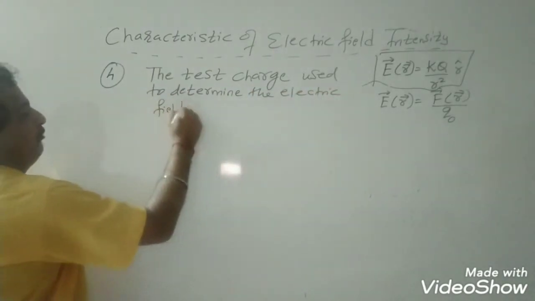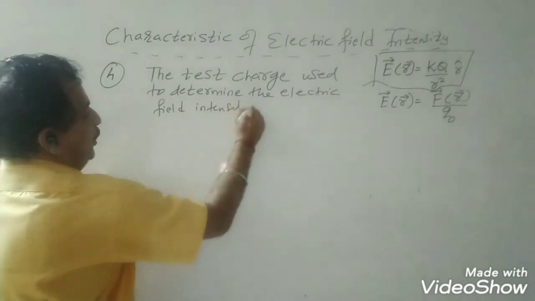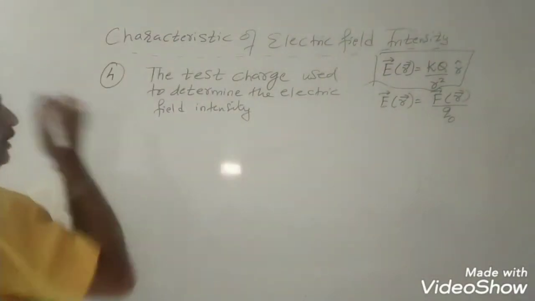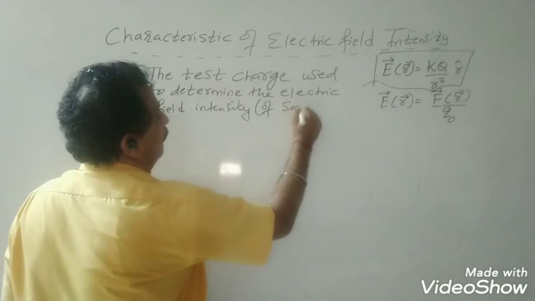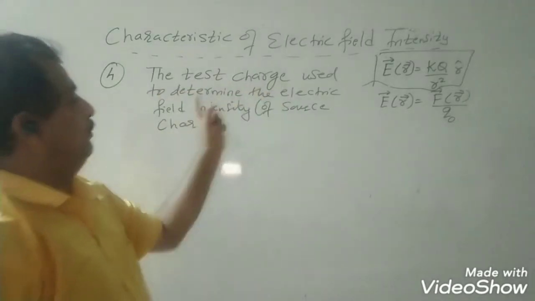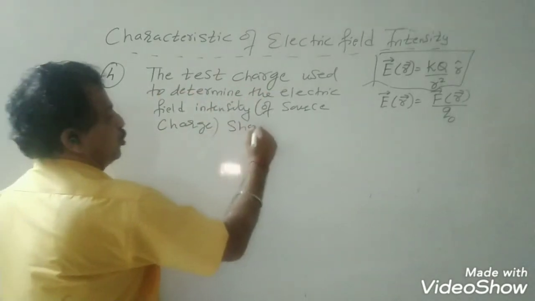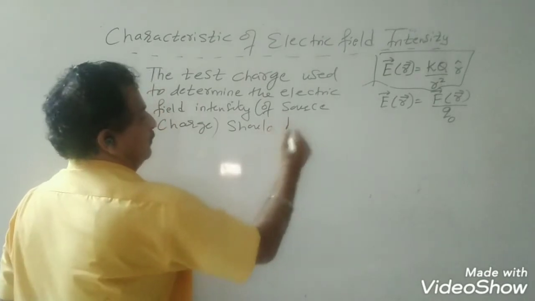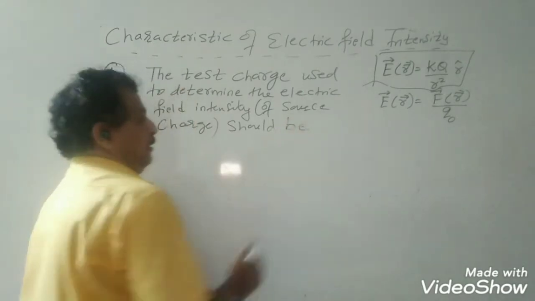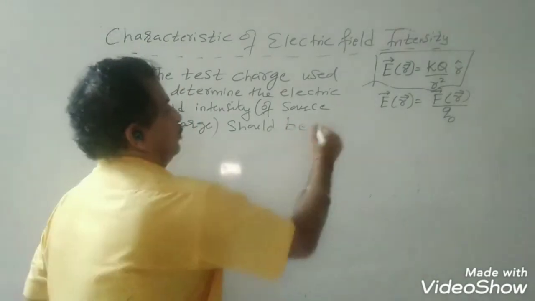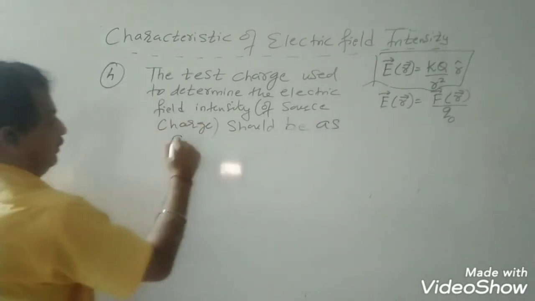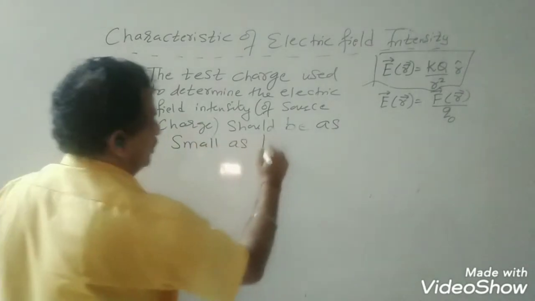Now electric field intensity, whose is it, whose strength is it? The source's. So to determine the electric field intensity of source charge, the test charge used to determine the electric field intensity should be as small as possible.